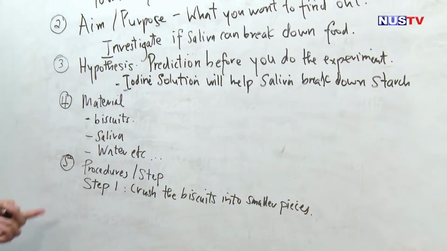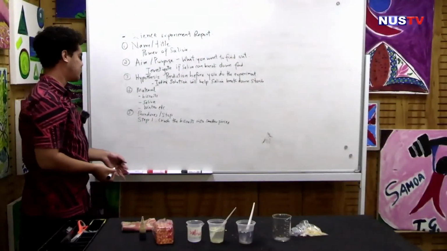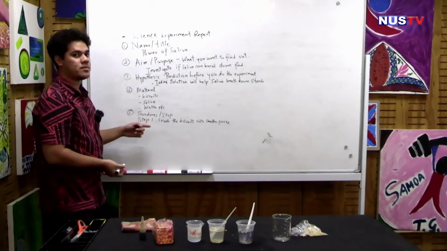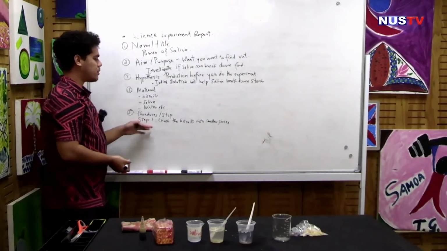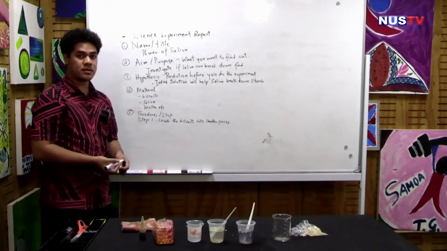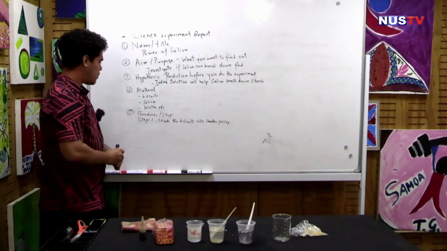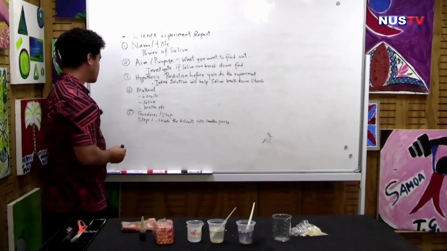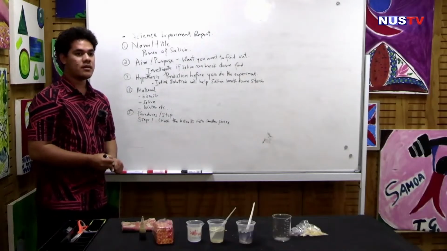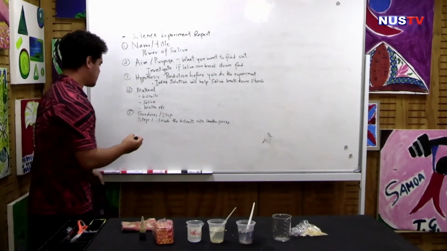And then the next step would be what has happened next. So step 1, step 2, step 3, and then step 4. This is where you put down your steps in the experiment, and then we move into the next one.